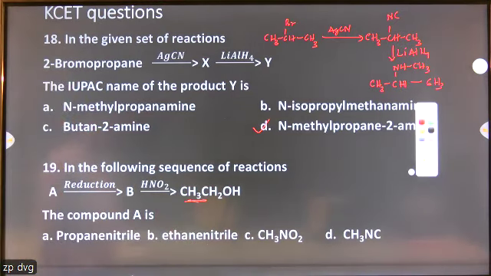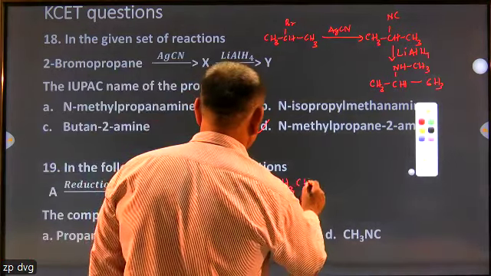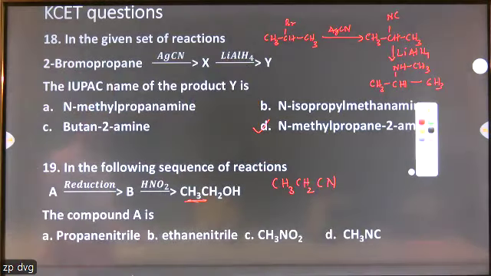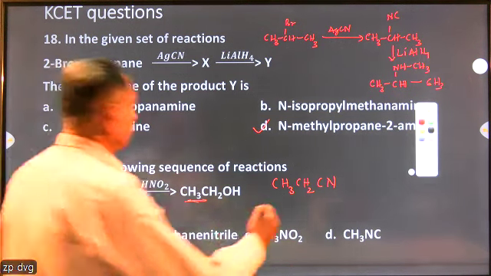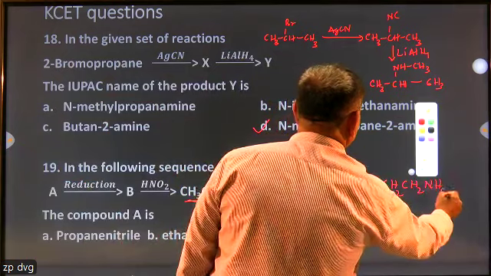So there are two carbon atoms. So if you try with ethane nitrile, this upon reduction will give you NH2.